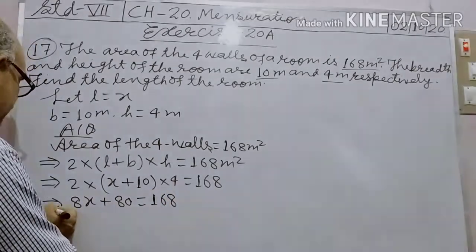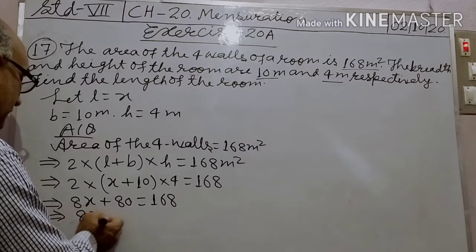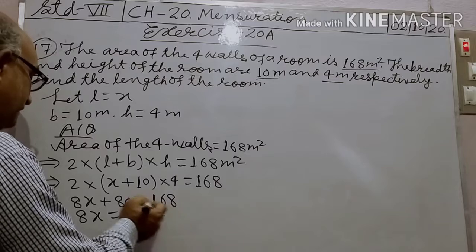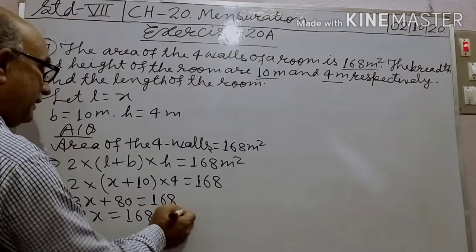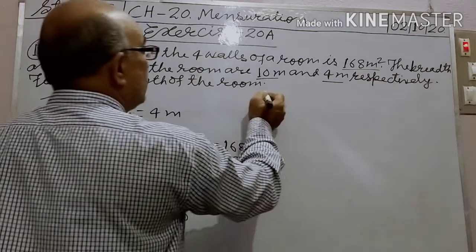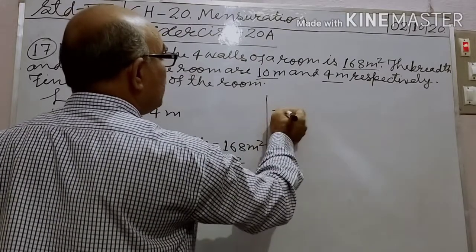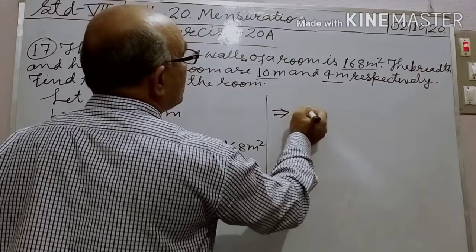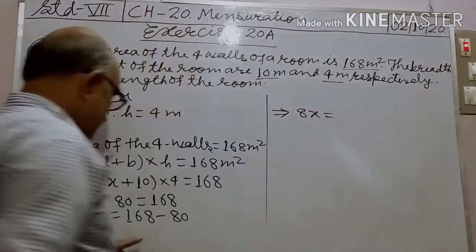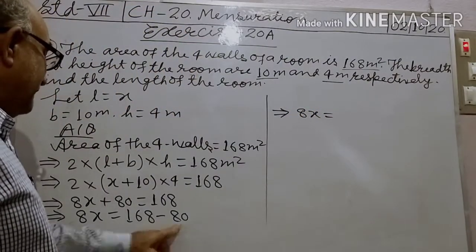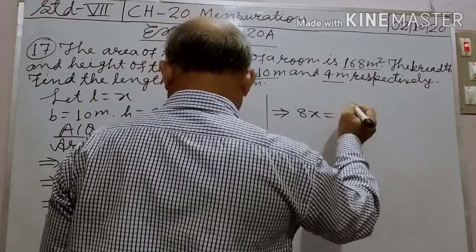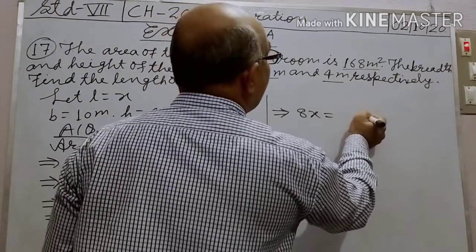8x plus 80 equal to 168. Next step is 8x equal to 168 minus 80. 8 minus 0, 8.